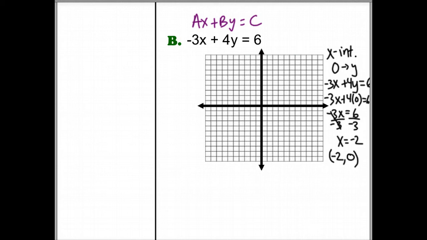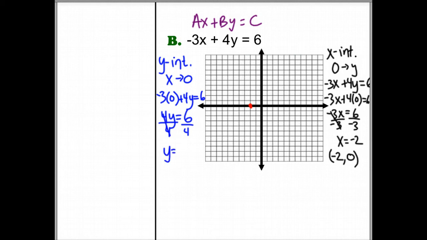So I'll graph it in red. 1, 2. Here's our point. Now we want to find the y-intercept, where we plug 0 in for x. So we have negative 3 times 0 plus 4y equals 6. So anything times 0 is just 0, so we have 4y equals 6. And what we do to get y by itself is we divide by 4.